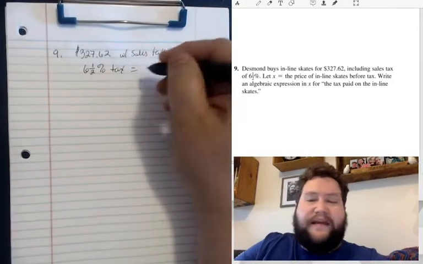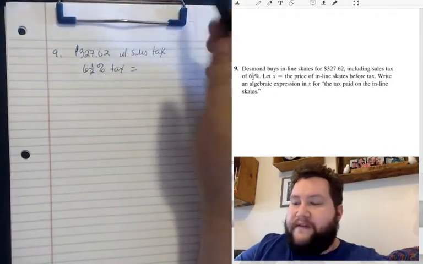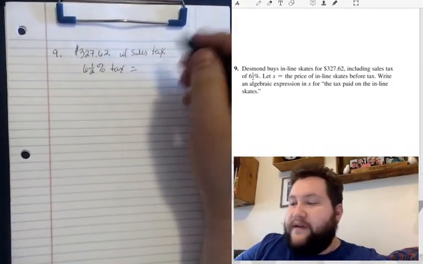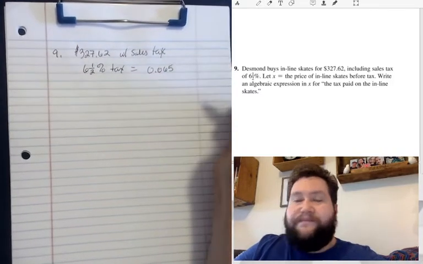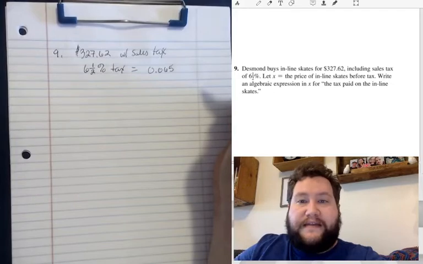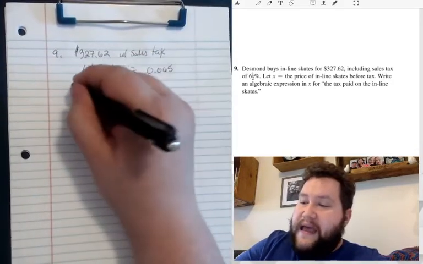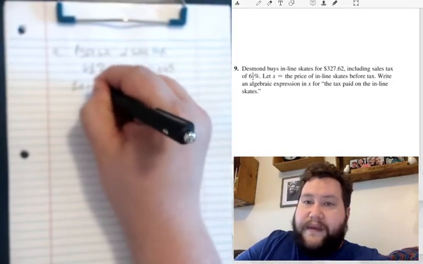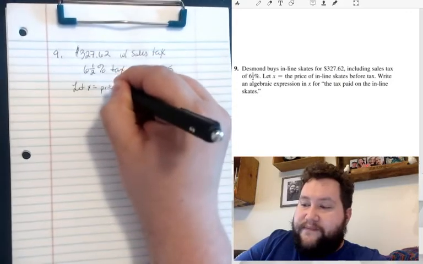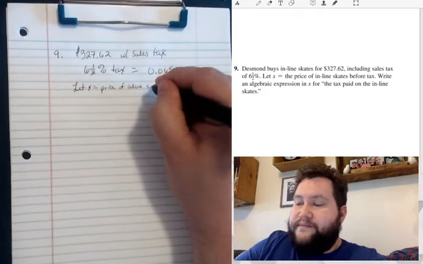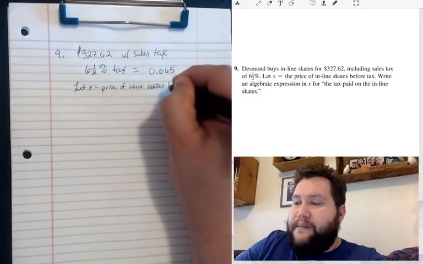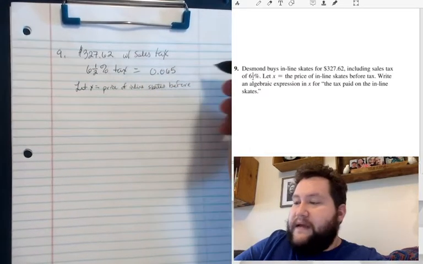Rarely do we actually work with percents like that, so let's convert it to a decimal: 0.065, 6.5% tax. And it says let X be the price of inline skates before tax.